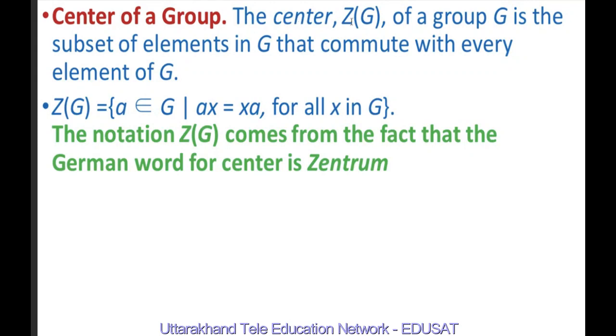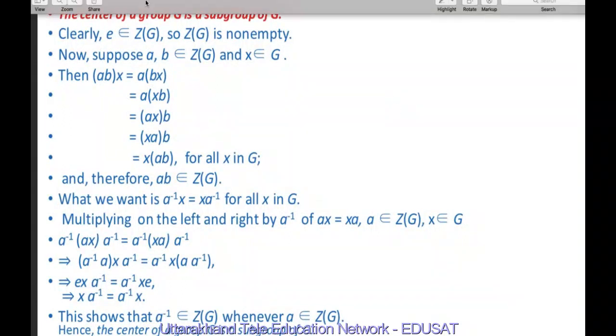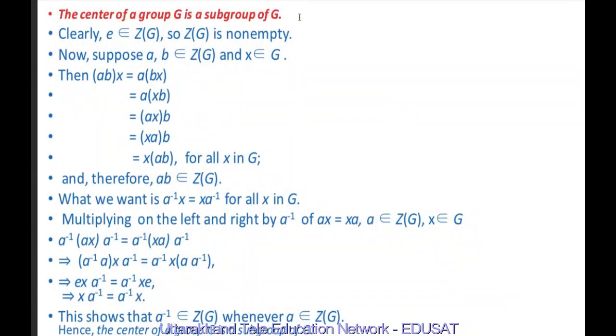So the center Z(G) of a group G is the subset of elements in G that commute with every element of G. Remember this: it should commute with every element of G. So Z(G) is equal to the set of elements a belonging to G such that ax equals xa for all x in G. Now we prove that the center of a group G is a subgroup of G.